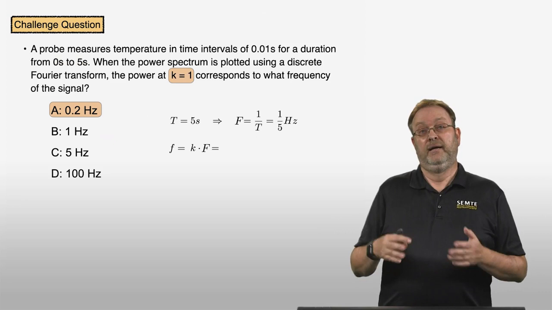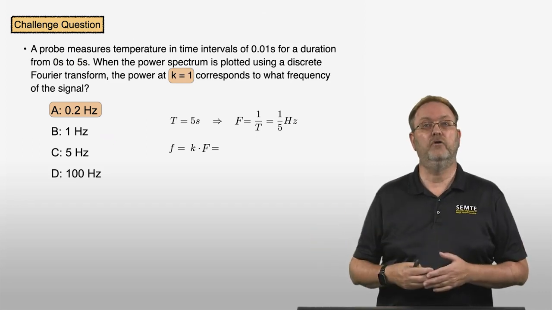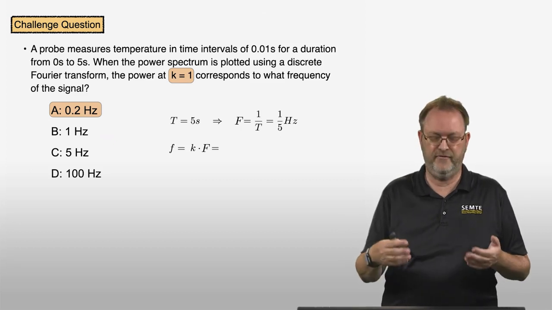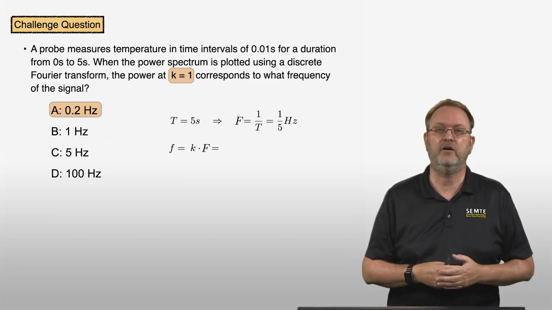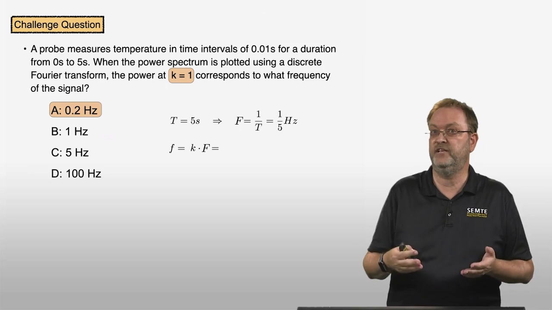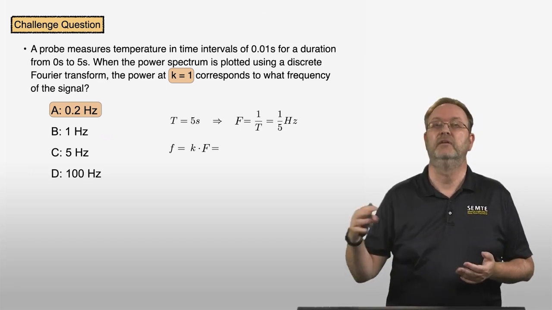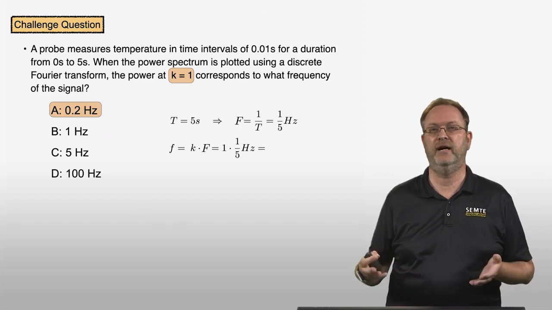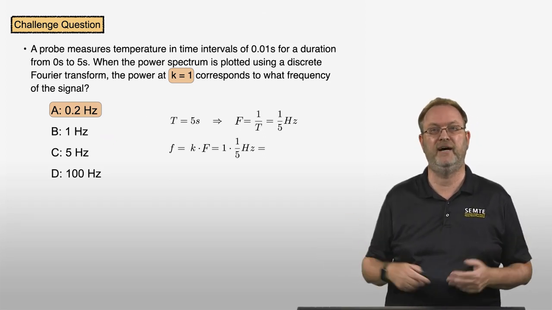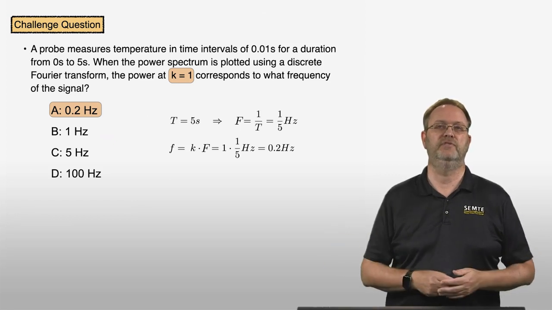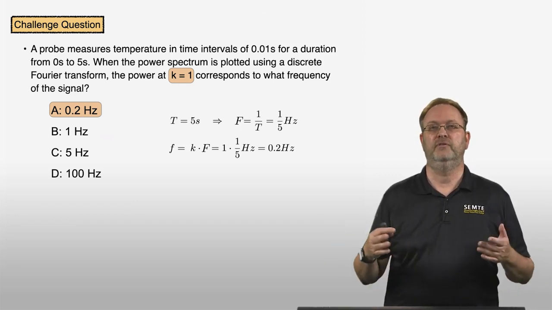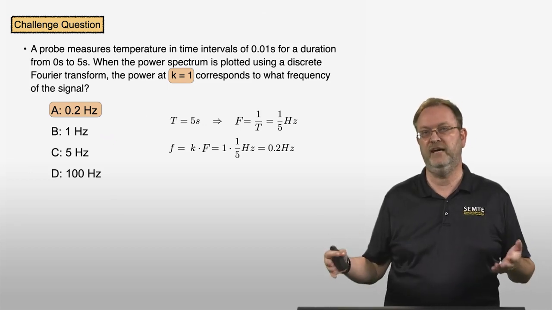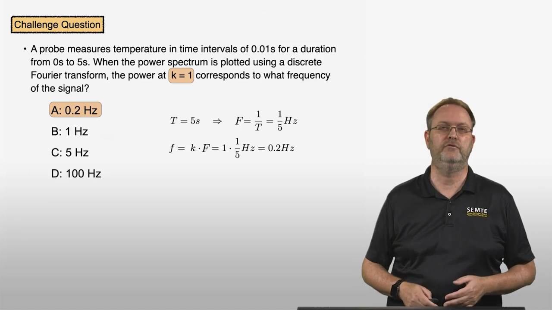Now, if I have a wave number of k, that corresponds to the frequency of k times the fundamental frequency. So if k is equal to 1, I have 1 times the fundamental frequency, 1 over 5 hertz. That's equal to 0.2 hertz.